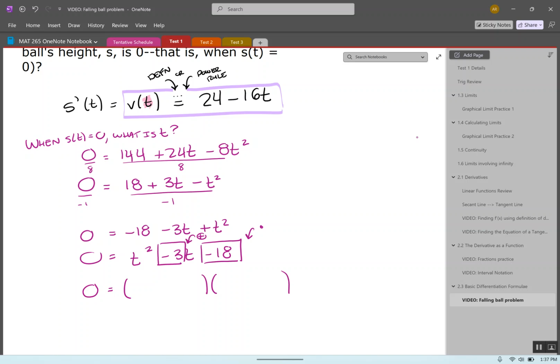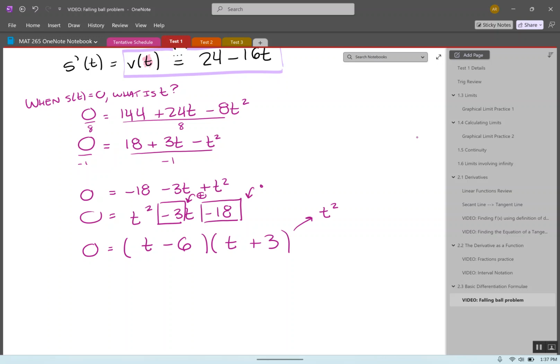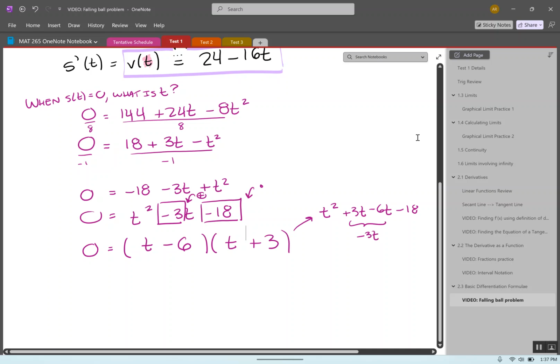So what are those? That's going to be -6 and 3. So we've got t minus 6 and t plus 3. We can just check this real quick. So we get t squared plus 3t minus 6t, and on the outside minus 18. This is going to be minus 3t. T squared minus 3t minus 18. Awesome, we got it.